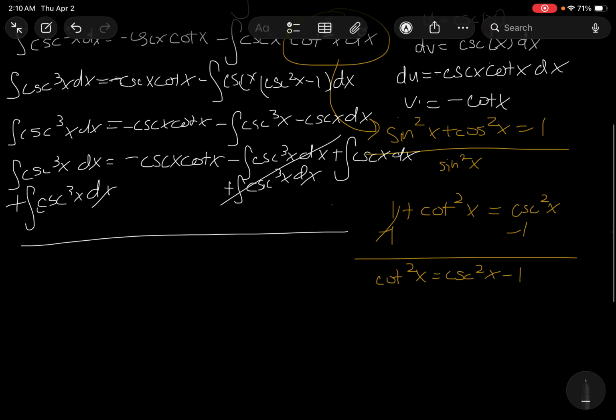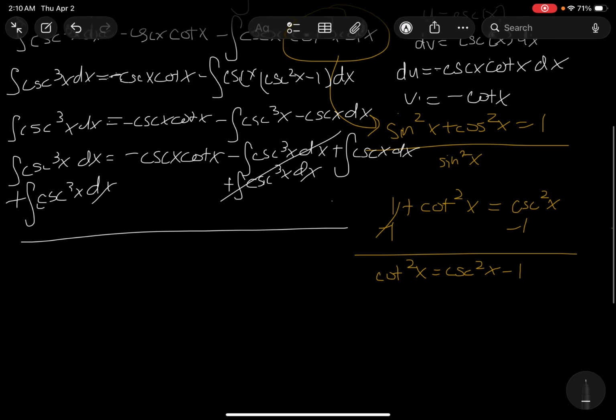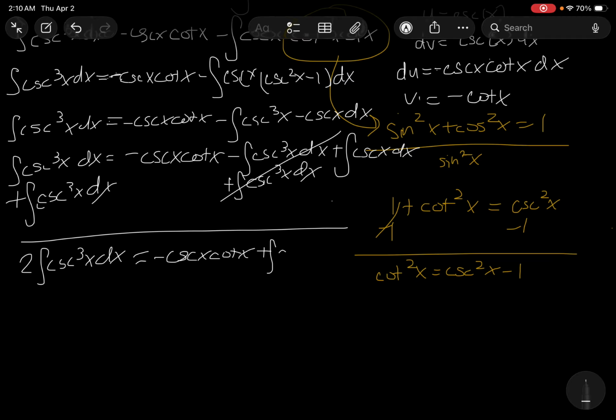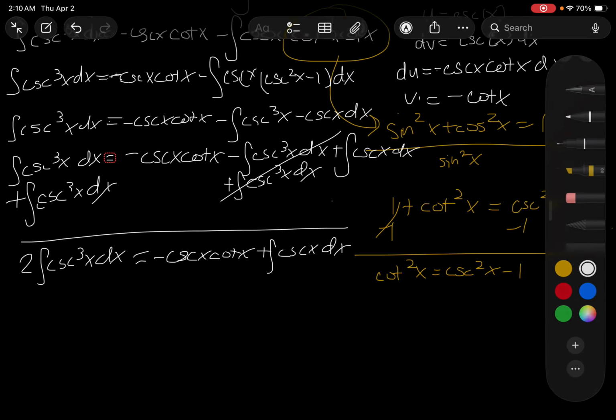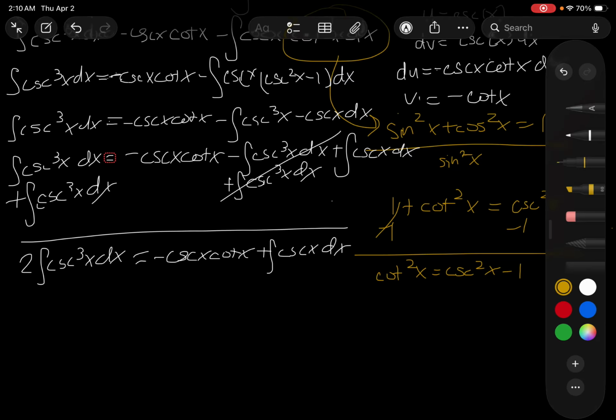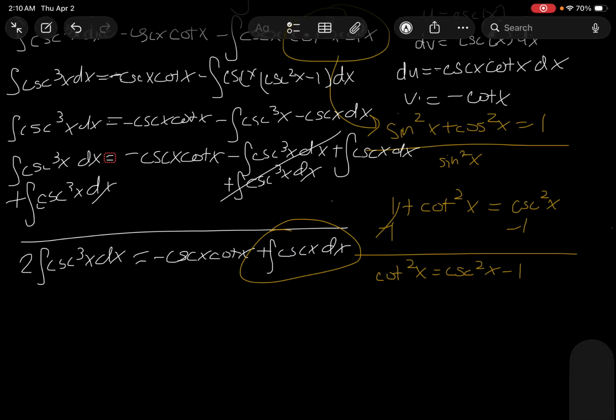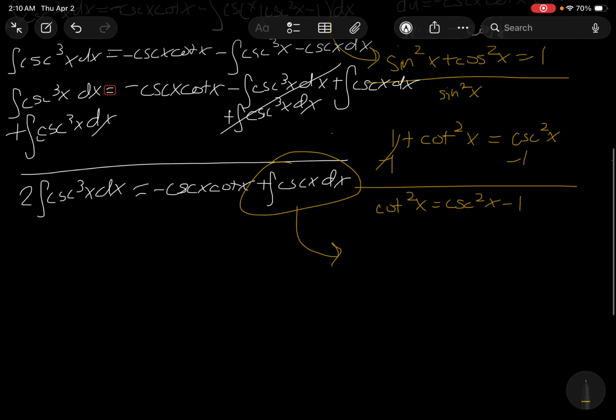You're going to be left with 2 times the integral equals negative cosecant of x cotangent of x plus this. So basically I just rewrote everything so far, and now we're going to integrate this little guy right here, which I will bring down here.